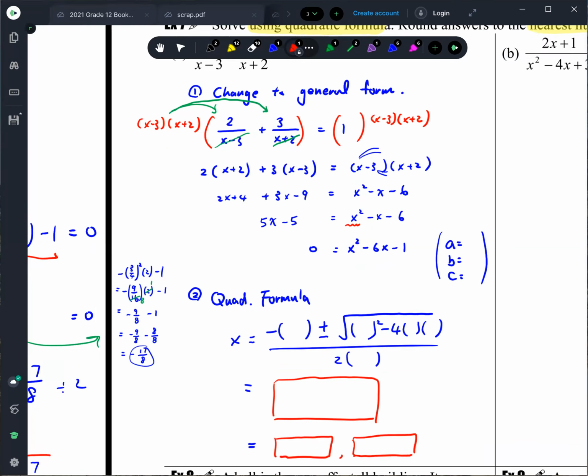So we have 2 separate answers. Please raise your hand once you got the radical form.